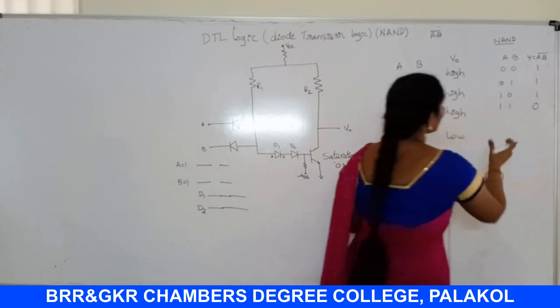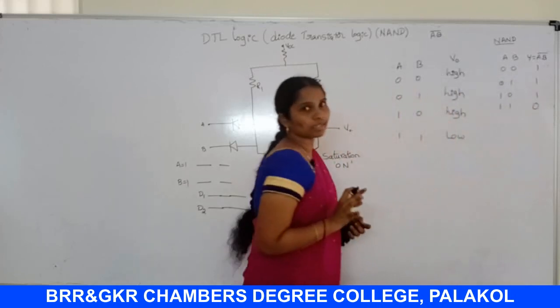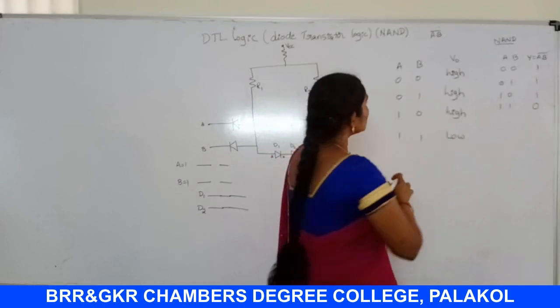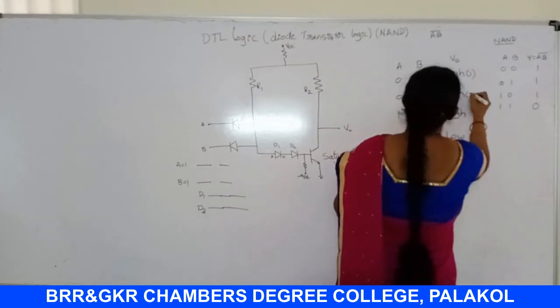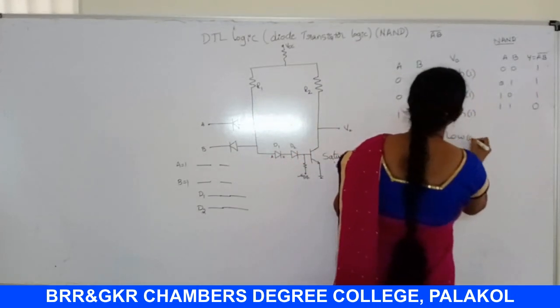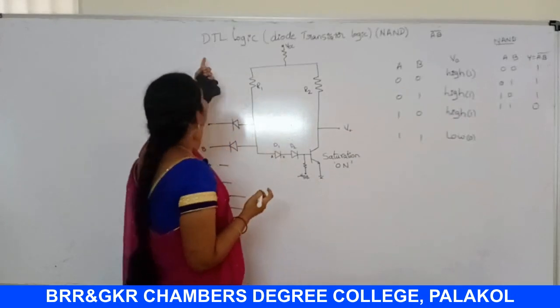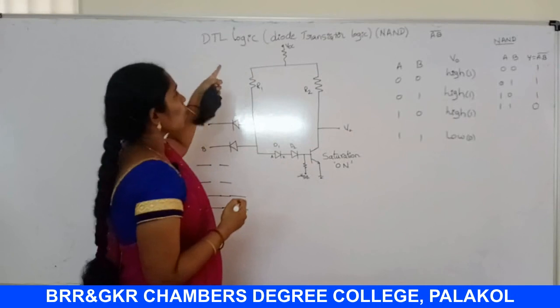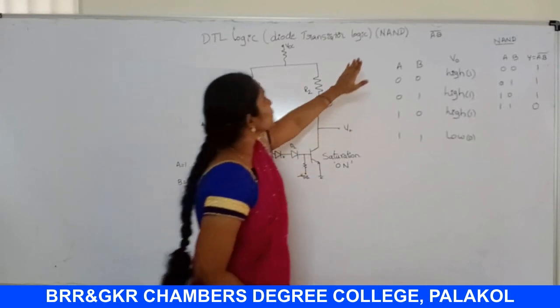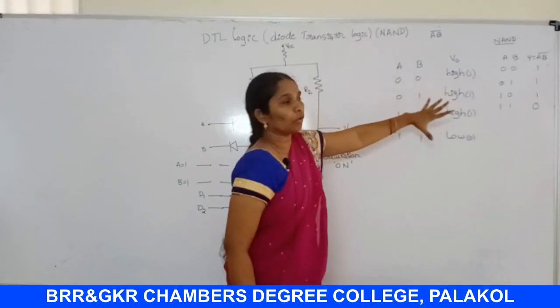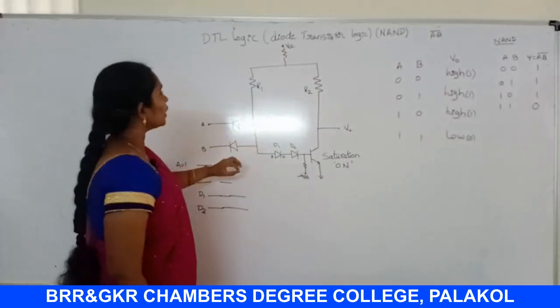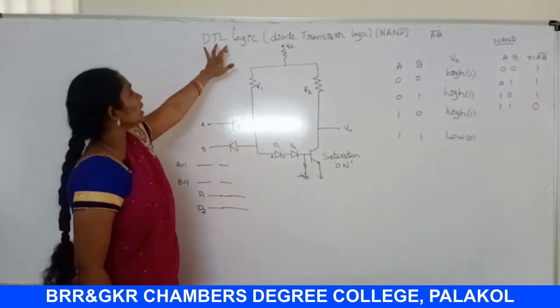So we have to compare these two truth tables. High is nothing but 1, low is nothing but 0. Therefore the DTL, that means diode transistor logic, is implementing a NAND logic. This is the operation of the diode transistor logic.